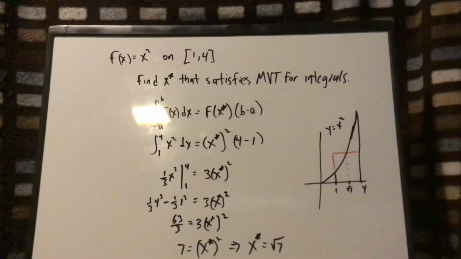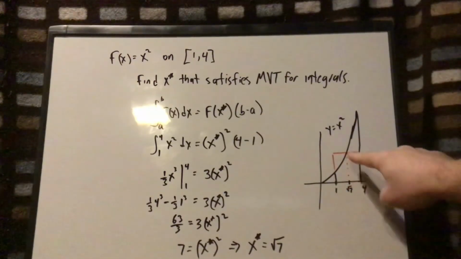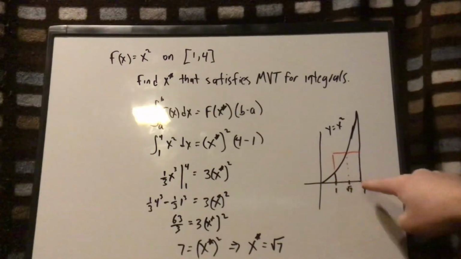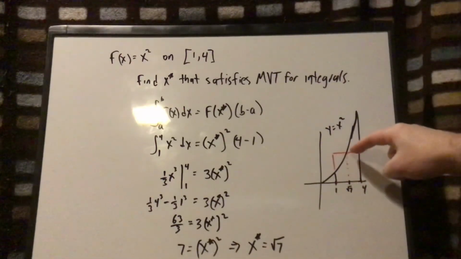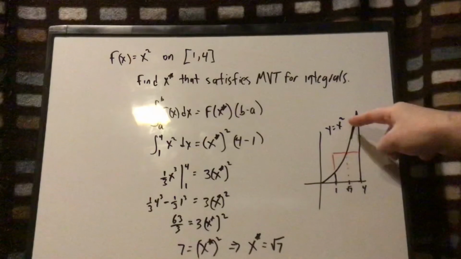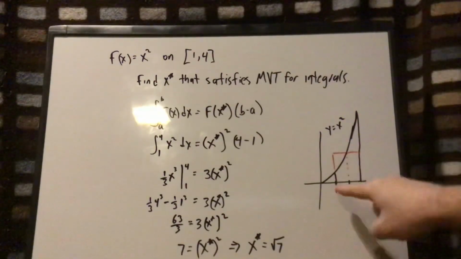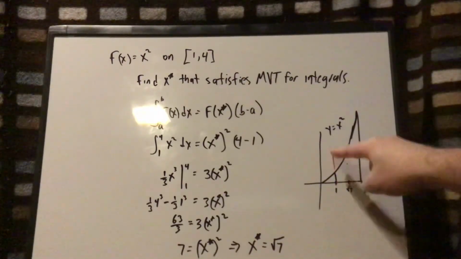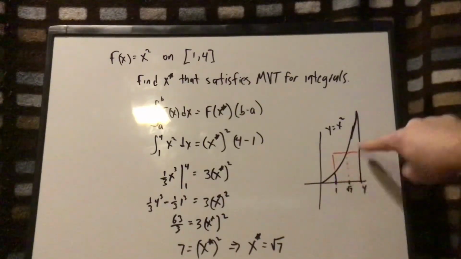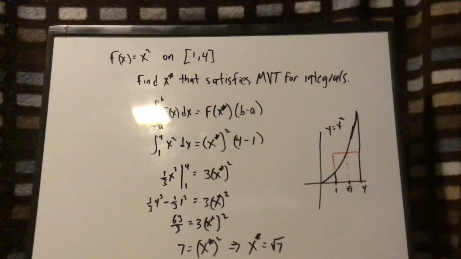The mean value theorem for integrals says there's some spot on the interval that if you just take its height times the width, now the height of radical 7 is here, it's radical 7 squared, which is 7. So basically, this rectangle is 3 by 7. So this 3 by 7 has an area of 21. It matches the area that's under the curve here, which is also 21. So that spot is what the mean value theorem was talking about.